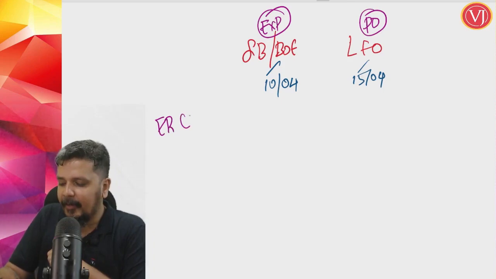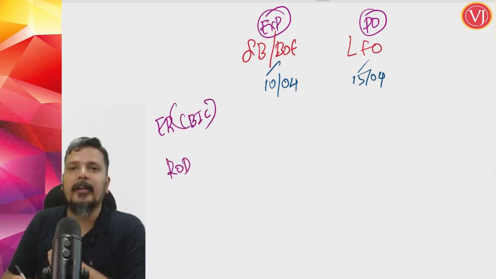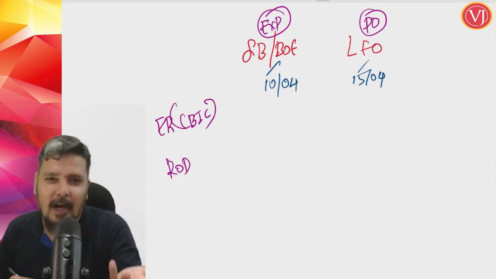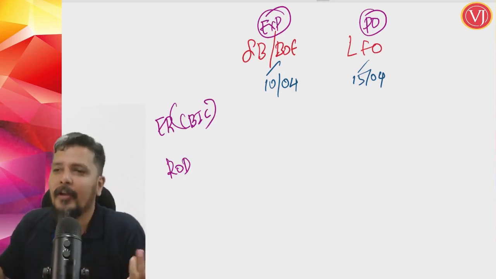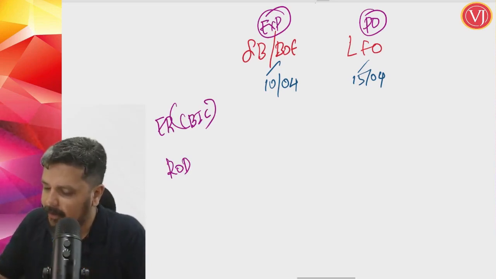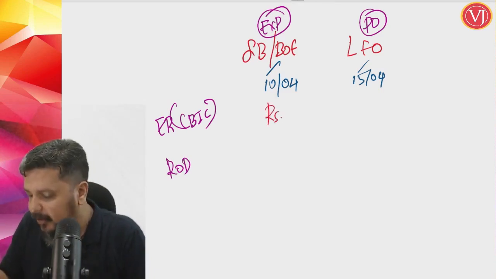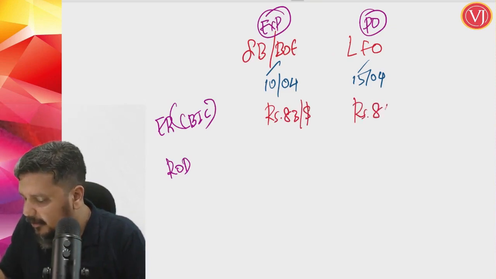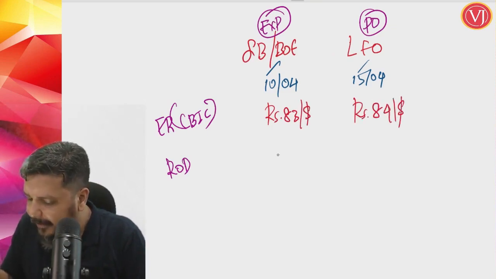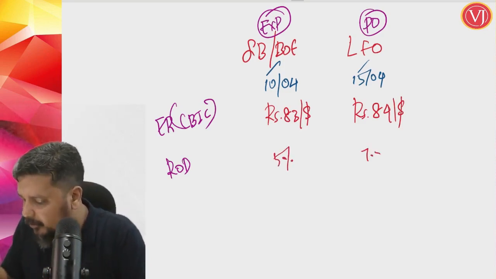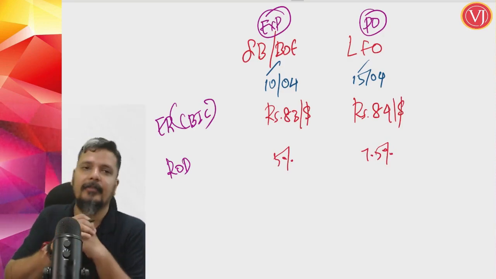Exchange rate given by CBIC. Rate of duty: normally export duty will not be there, but if there is, what do you have to do? Let us assume that your exchange rate is rupees 83 per dollar and rupees 84 per dollar on these two dates. Rate of duty within 5 days changed from 5% to 7.5%.